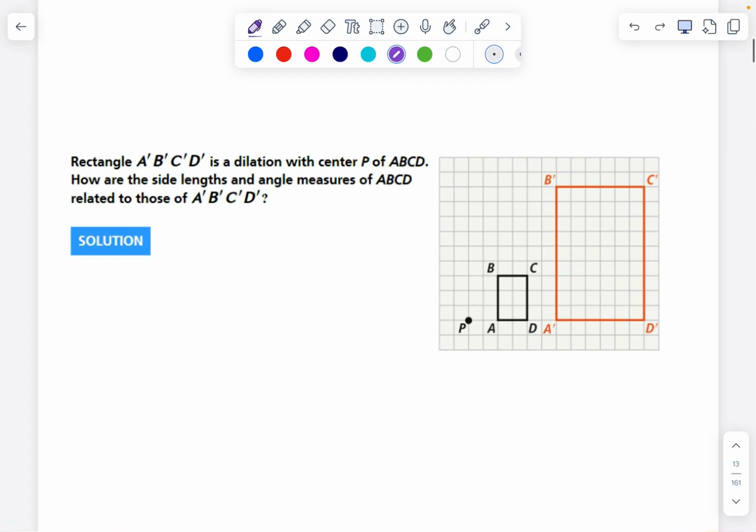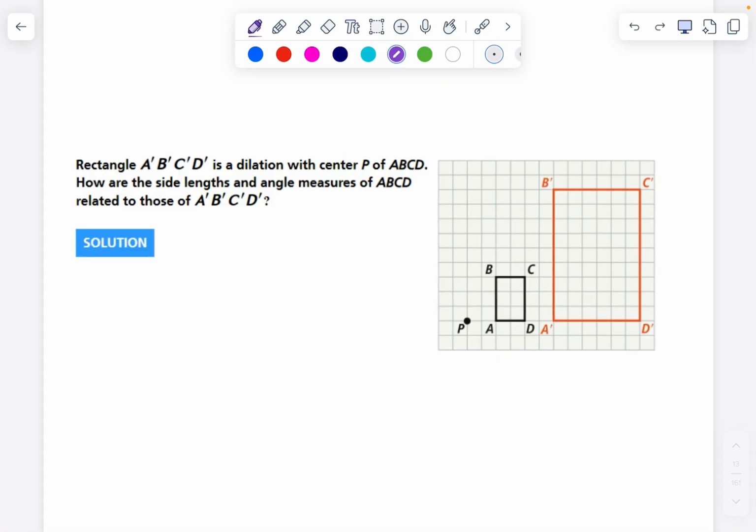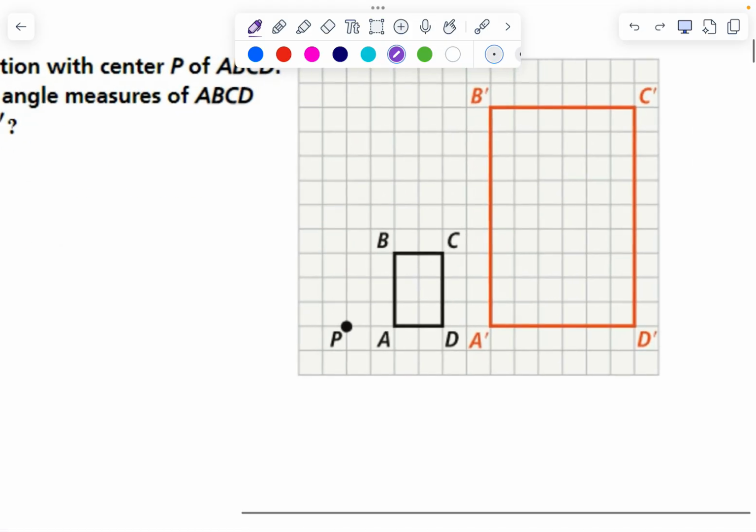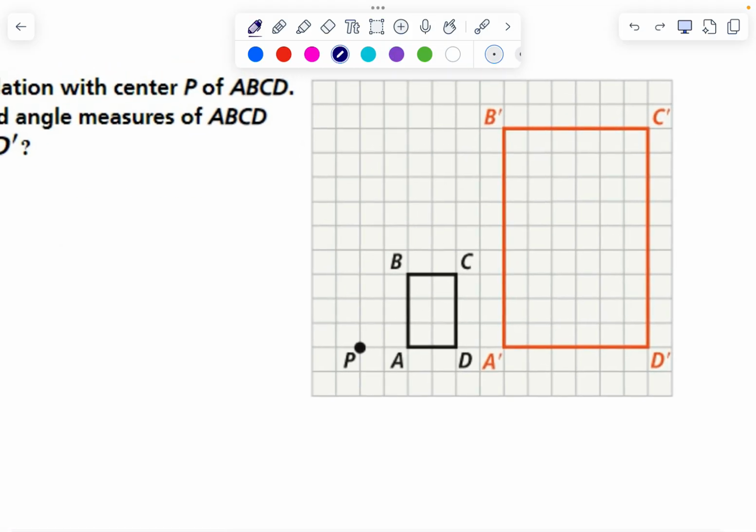So let's kind of think, what is that unit that we use to scale things down or up? Okay? And I'll talk to you about notation after that. So this black figure is our original. What are the dimensions of it? What are the dimensions of A, B, C, D? Melissa, how about you? 2, 3.